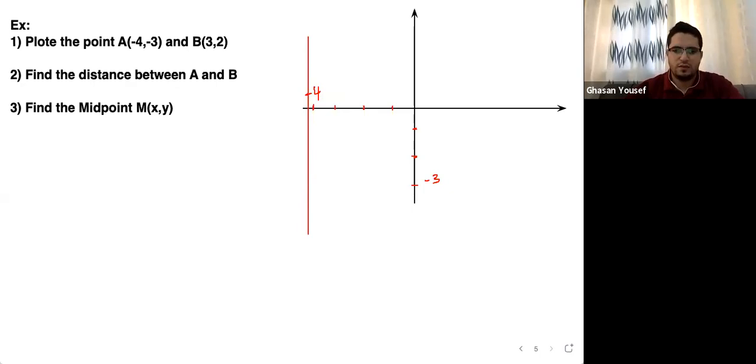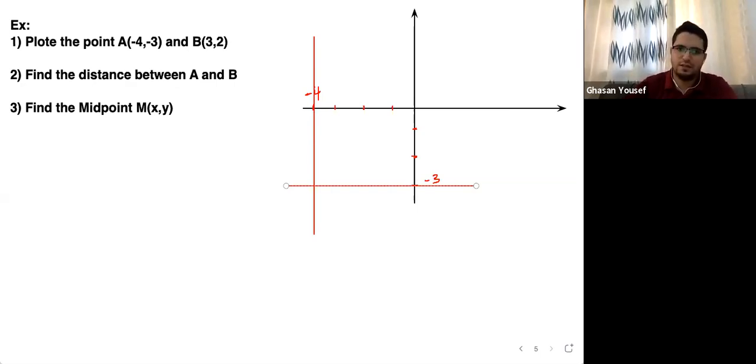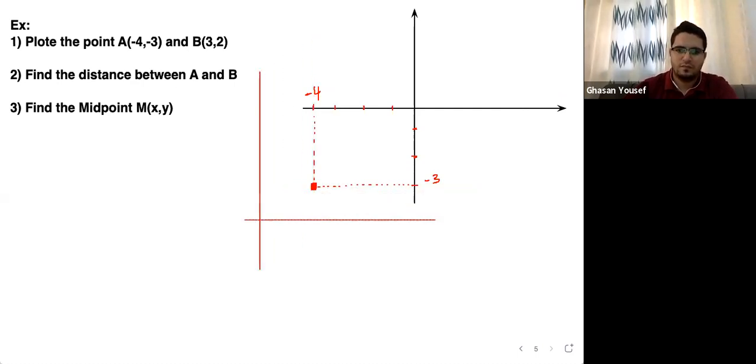If you go down like this, where the cross between the 3 and 4 is, that is the point, the ordered pair of minus 4 comma minus 3. So the point will be around here. Minus 4 and minus 3.